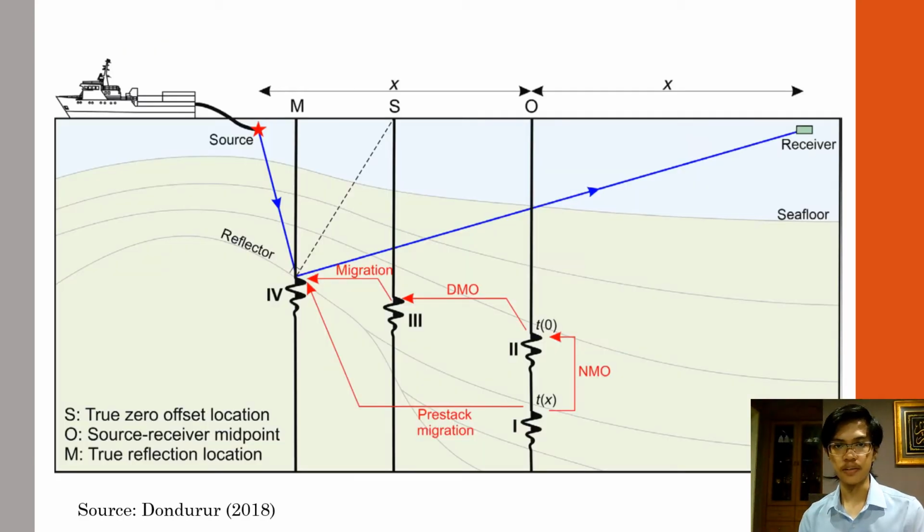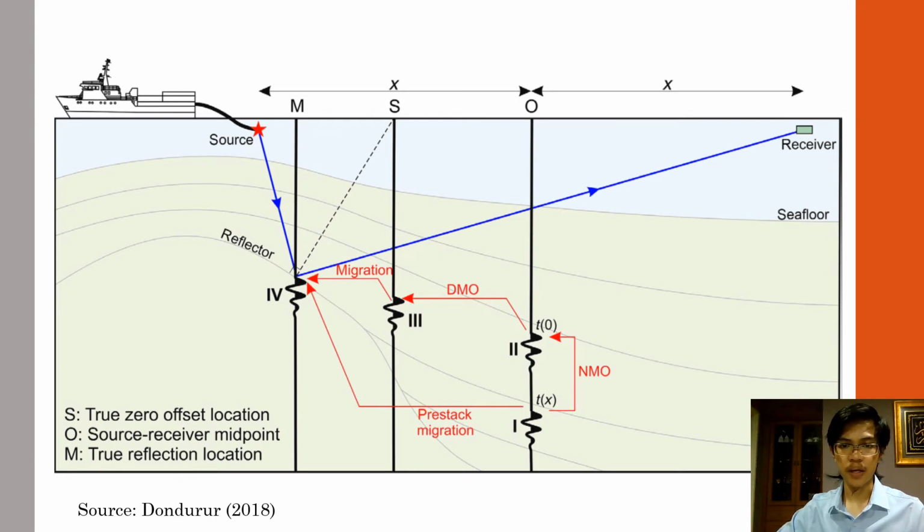This is the DMO processing assumptions visualized in a diagram. Number one, we can see here that the pre-stack CDP is at the midpoint position between source and receiver. Number two, here we start applying NMO and the arrival time moves to the zero offset position.